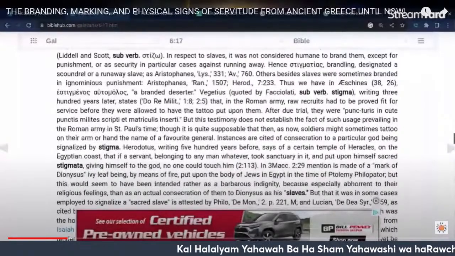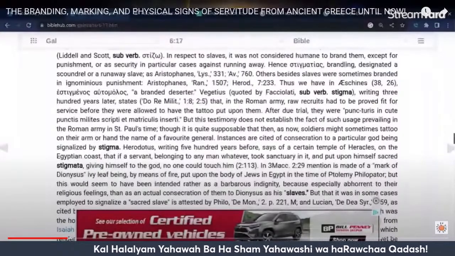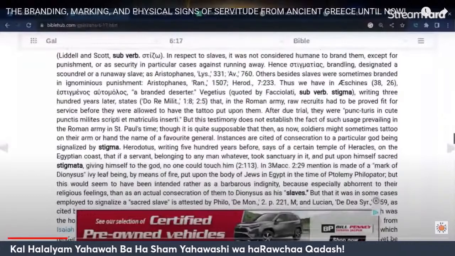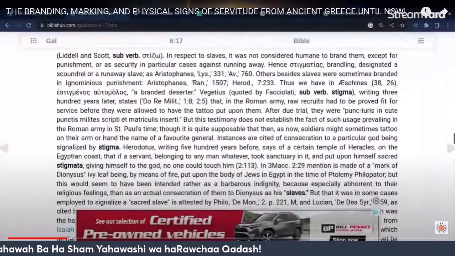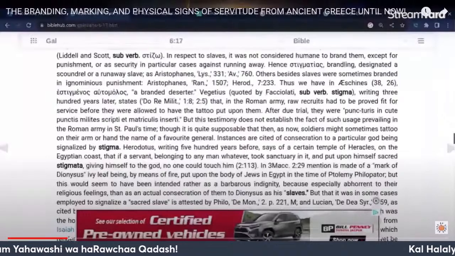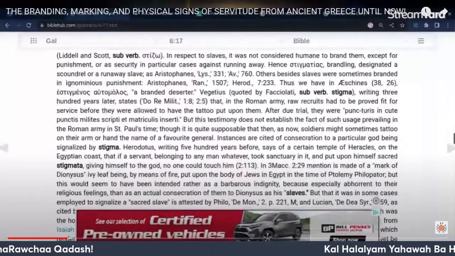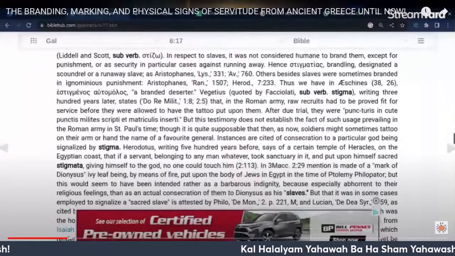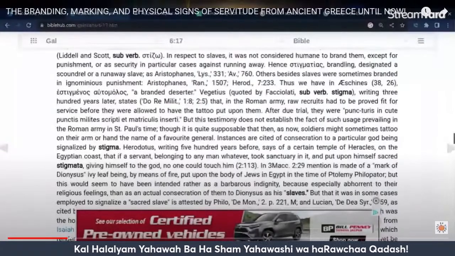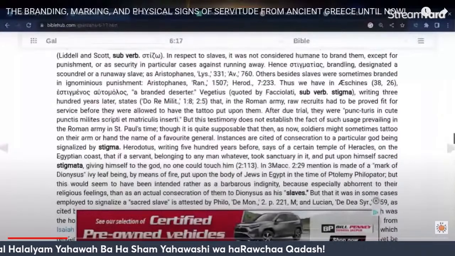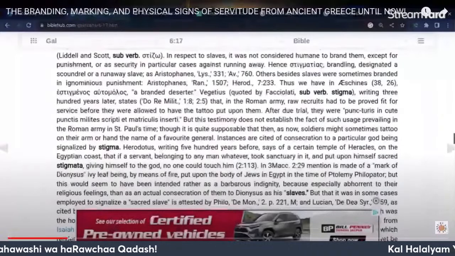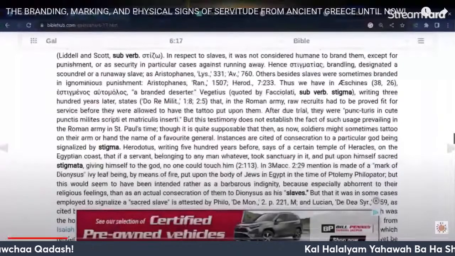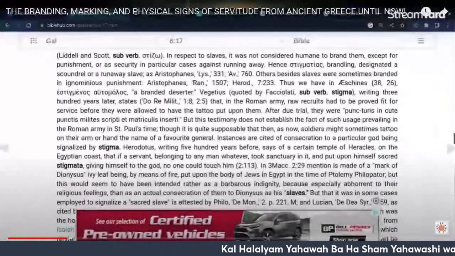Instances are cited of consecration to a particular god being signalized by stigma, meaning they also put their gods on their arms, tattoo their gods on their arms. Herodotus, writing 500 years before, says a certain temple of Heracles on the Egyptian coast, that if a servant belonging to any man whatever took sanctuary in it and put upon himself sacred stigmata, giving himself to the god, no one could touch him.